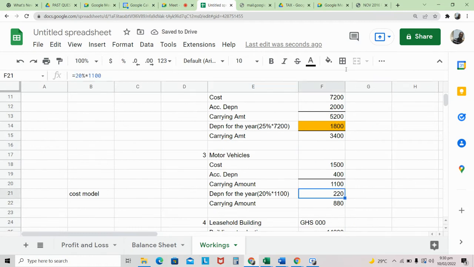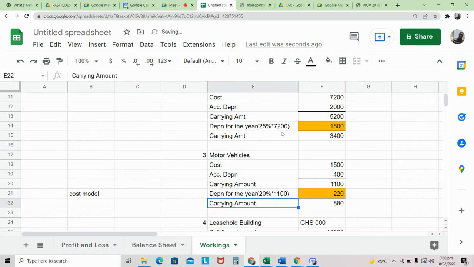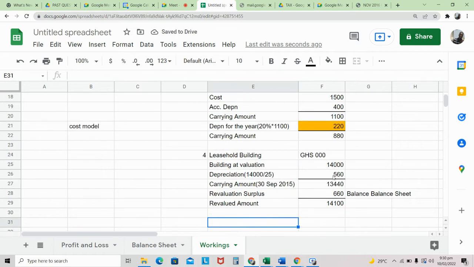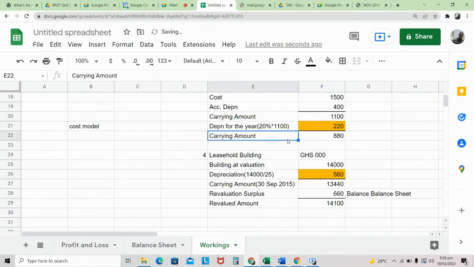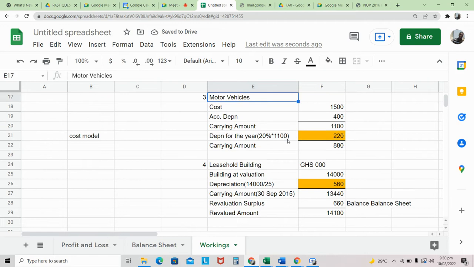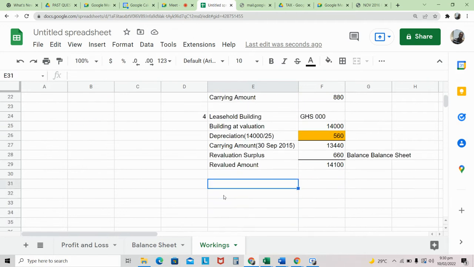This is also depreciation. So you have to add all your depreciation together. This is also depreciation. Do you get it? So we can even use this working to find our depreciation.